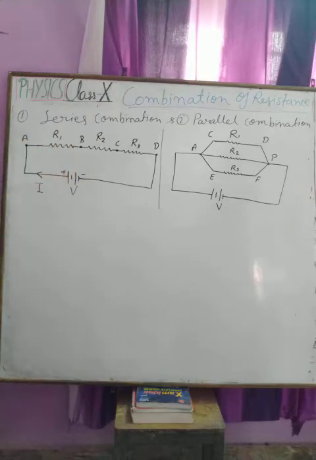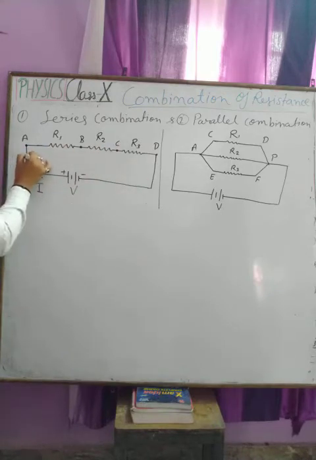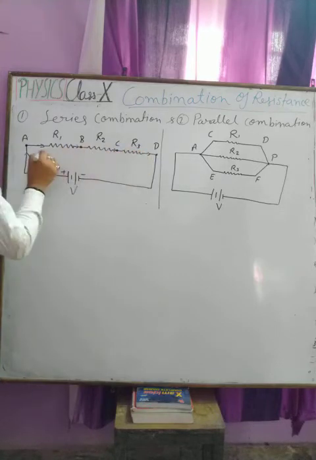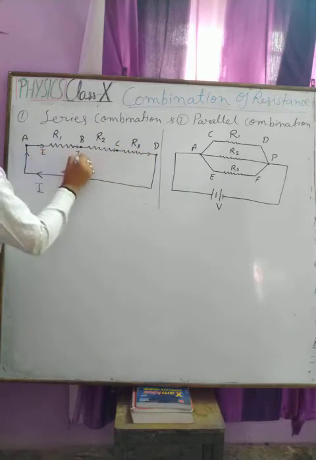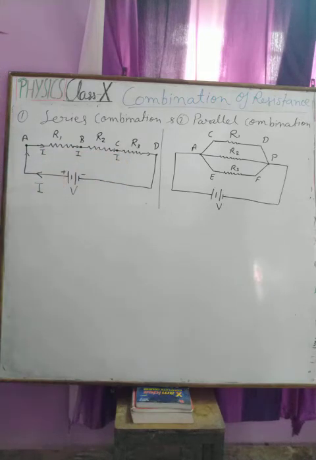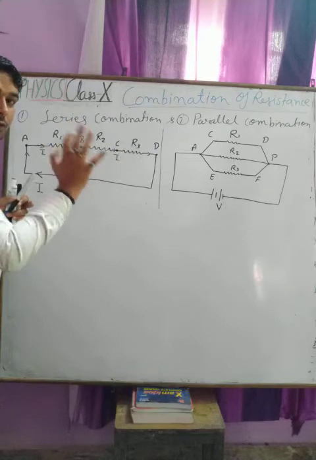We find there is only one path, so the current is moving with the same value across each resistor. If the current is the same across each resistor, then we assume the resistors are connected in series combination.